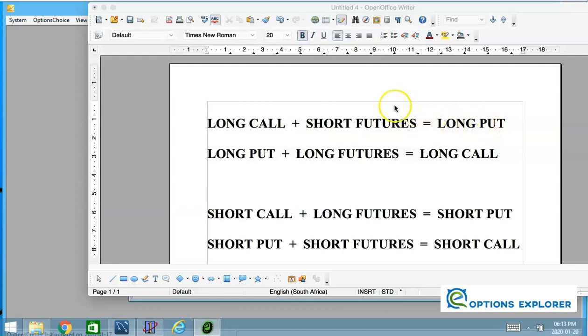Okay, it's really important that you notice the following thing. A long call, short futures gives you a long put. Long put, long the futures, and I'm back into the long call. In other words, starting out with a long call, if I go short futures, long futures, short futures, long futures, I go from long call to long put, back into a long call, back into a long put, back into a long call.